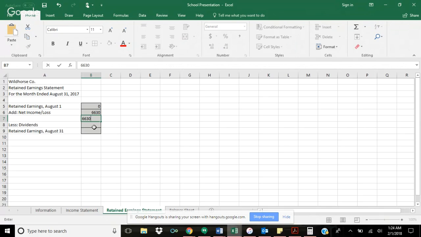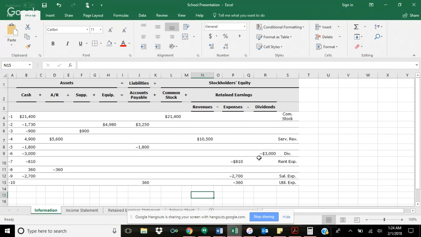From there, we are going to less out dividends, since that is what we will be paying out to shareholders in this specific situation. So if we go back to our information and see if we can find dividends, here we can see in this formula, here is dividends right in this spot right here. And the only thing listed here that matches up, so there's nothing else here, is just this piece here that is for $3,000 given to dividends.